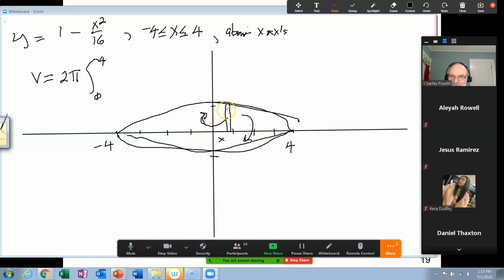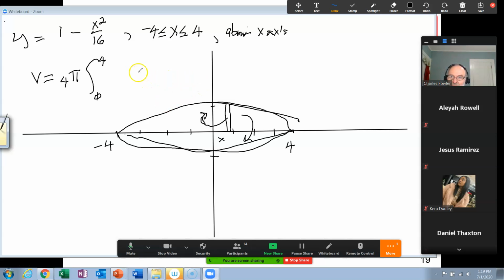The rectangles that you're rotating only go from 0 to 4. And we're only doing that height, and we're going to double it. So let's go on and go over here and change that 2 to a 4 because we're going to double it. Okay? All right, so let's make that 4 pi. 2 pi r for our circumference, but double that because we're doing the bottom half as well.